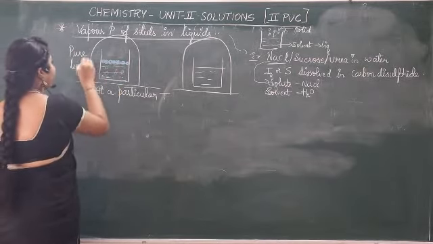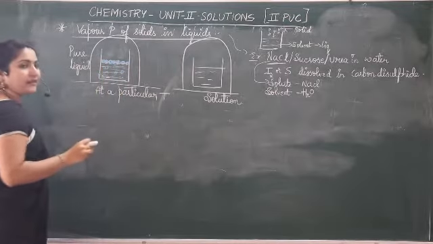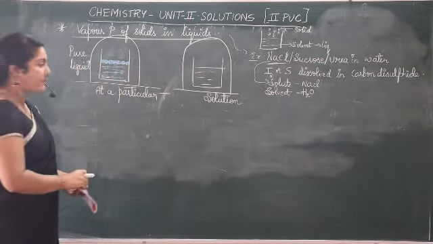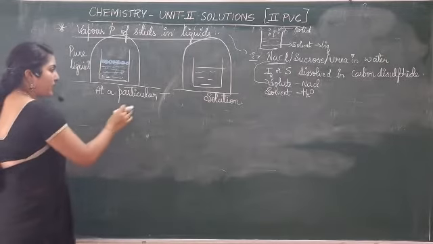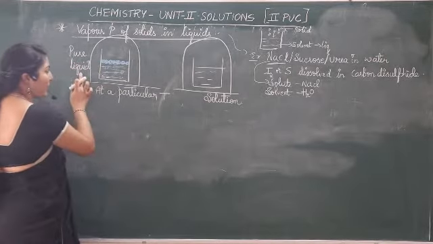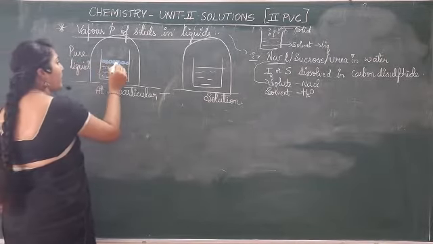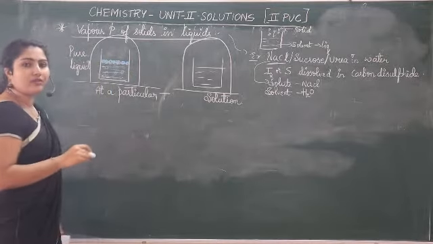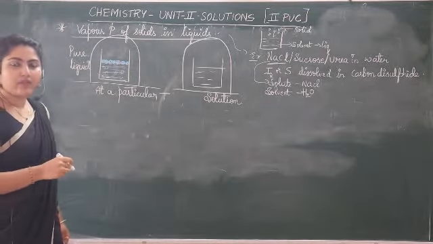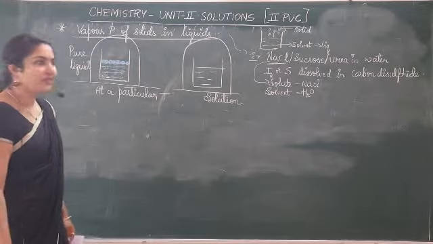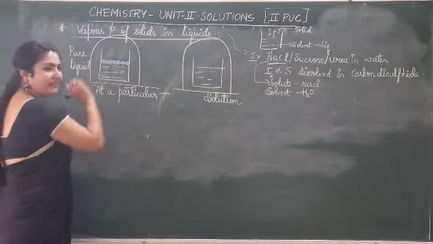Only solvent is present, and its molecules occupy the surface. So at a particular temperature, in a pure liquid, only solvent molecules occupy the surface of the liquid. These are all volatile.